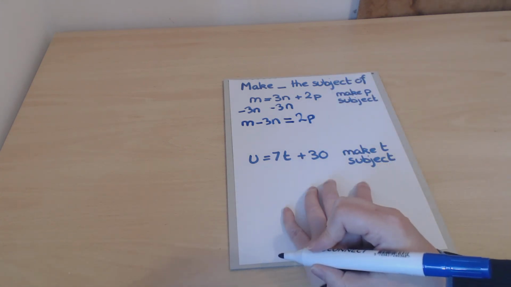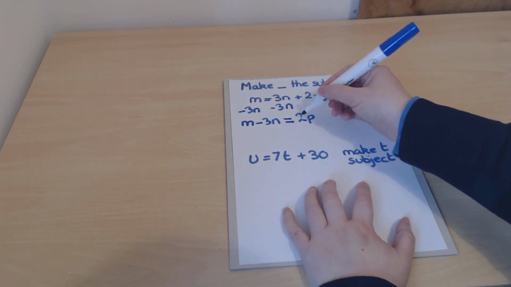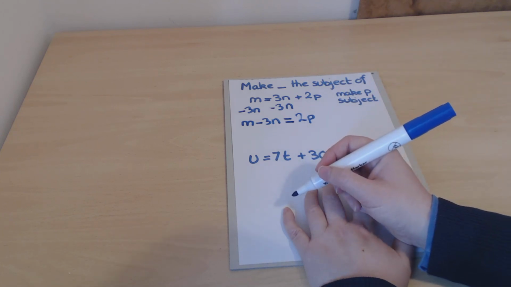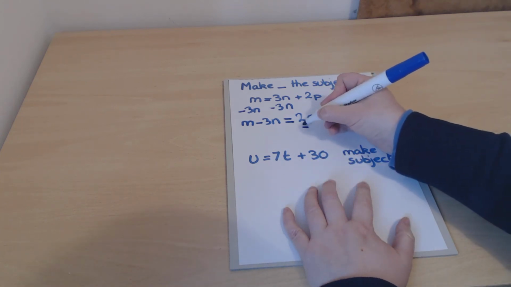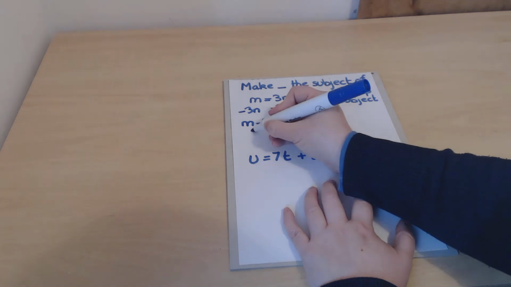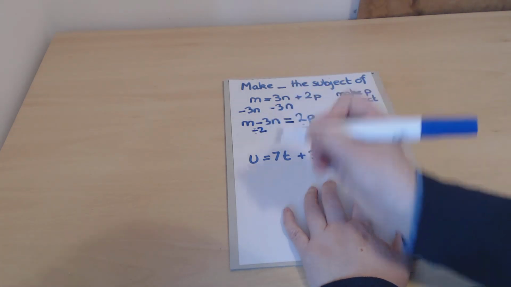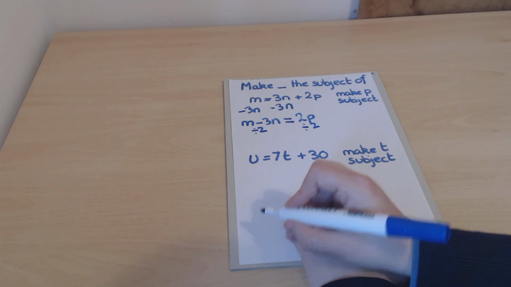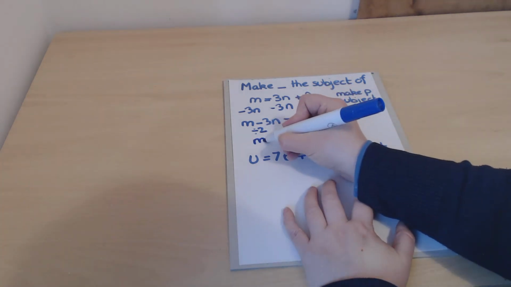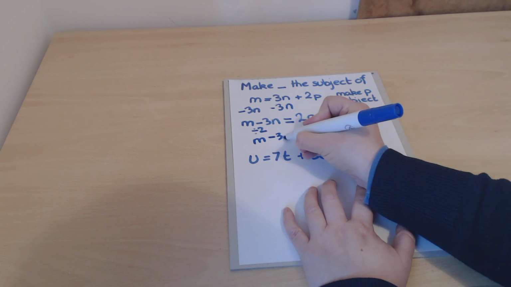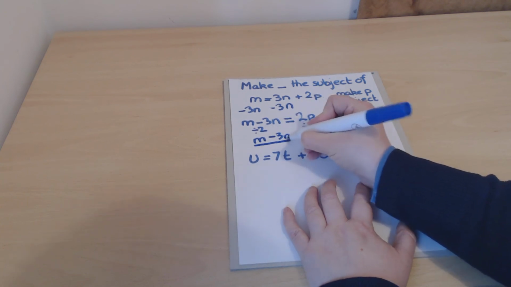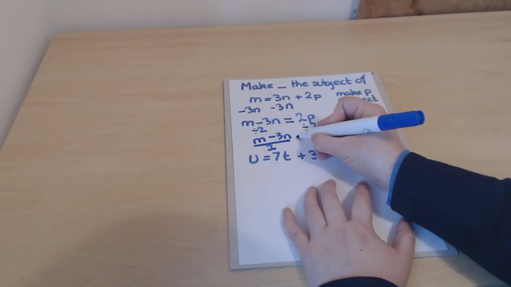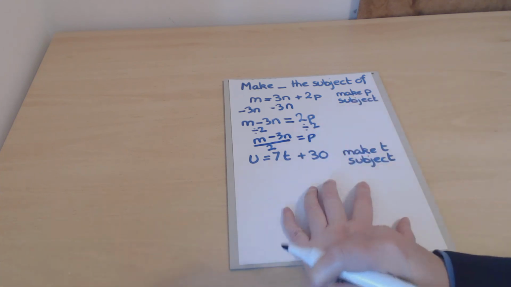Now, to remove this 2, which is multiplying the p, we're going to do the opposite. So we're going to divide by 2. Now again, this is all about just how you write these down. And so m minus 3n divided by 2 equals p.